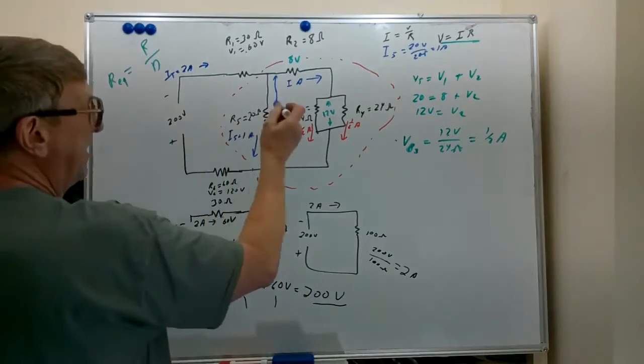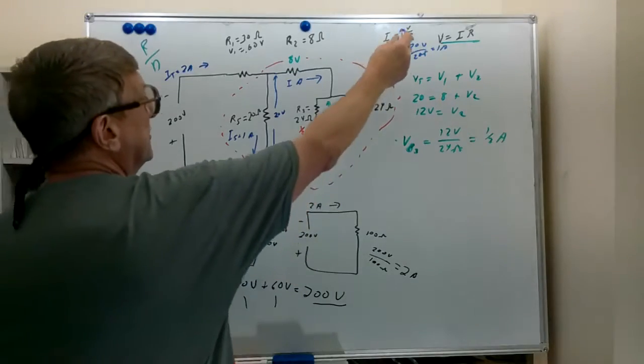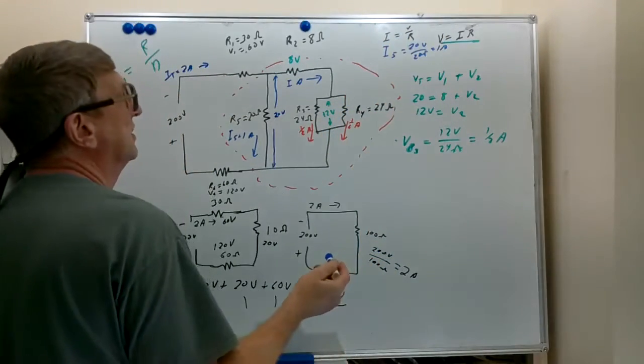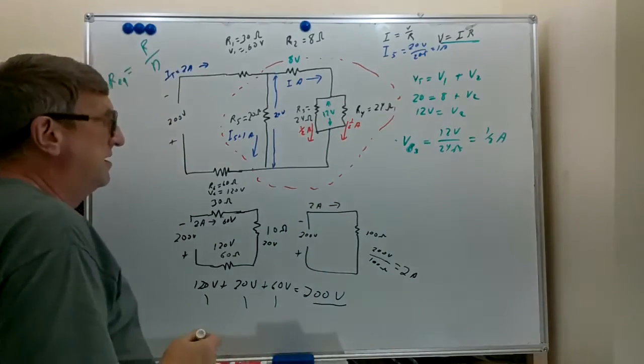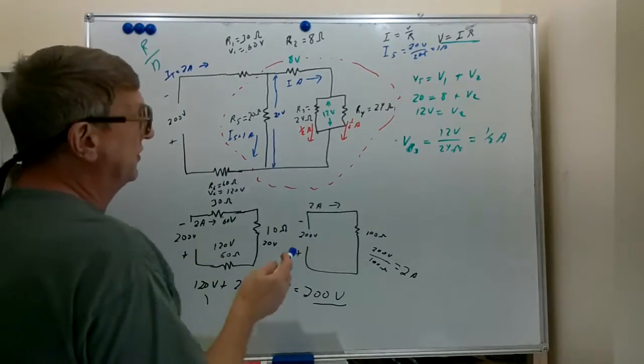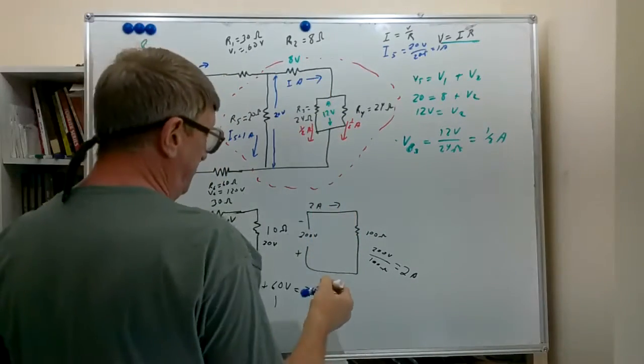So now we need the current everywhere but these two. Using current equals voltage divided by resistance, we're able to calculate the current here. What you also will notice is that they're identical resistors, so we could have just said divide this current by 2.